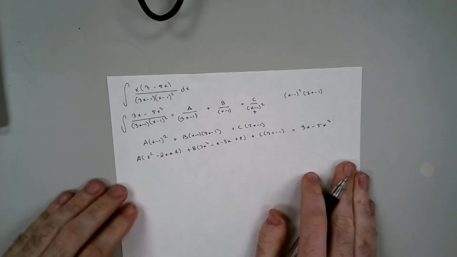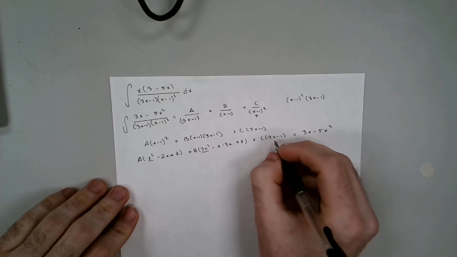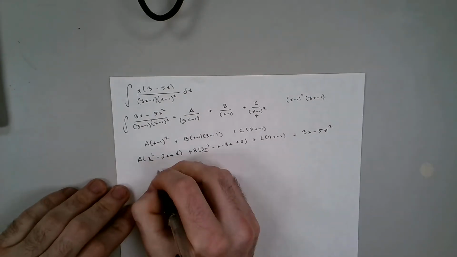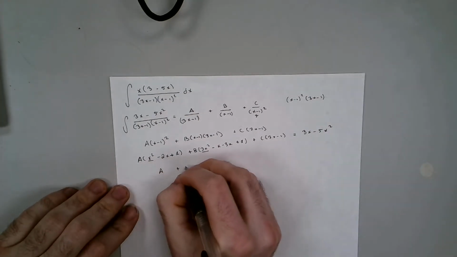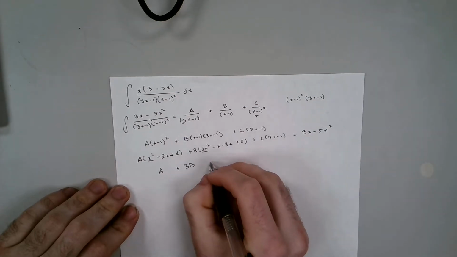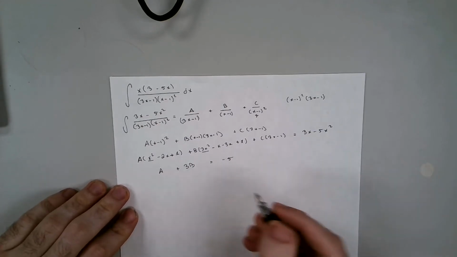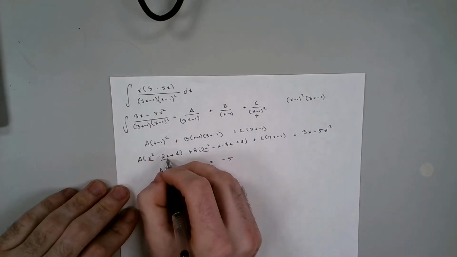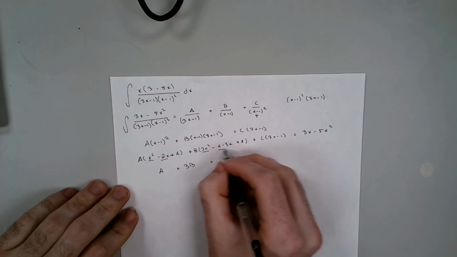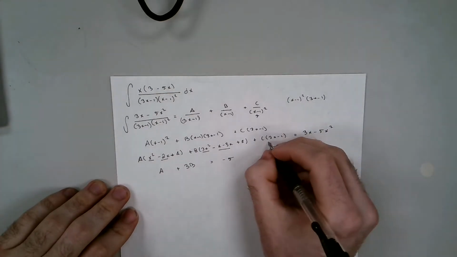So let's start with the quadratic terms. We're going to have an x squared here, 3x squared, and there's no quadratic term here, so we're going to have A plus 3B equal to negative 5. And then we're going to have our linear terms: negative 2A, minus 4B, that's minus 3x minus x, and plus 3C.